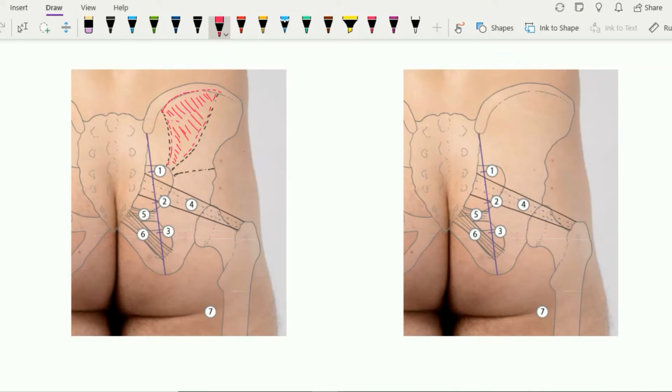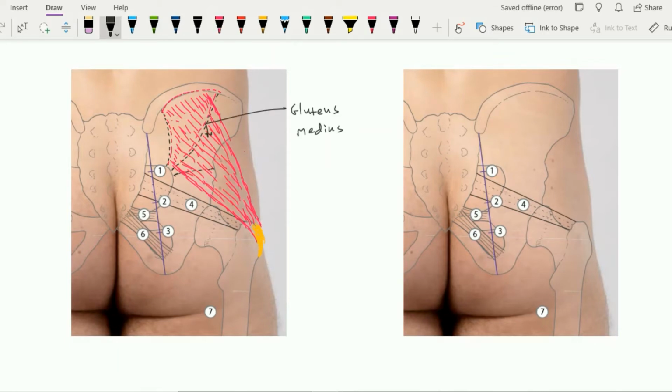This muscle passes downward and laterally and forms one tendon and inserts at the lateral aspect of the greater trochanter. So with the tendon, this muscle inserts over the lateral surface of the greater trochanter of the femur. So this is the gluteus medius muscle.